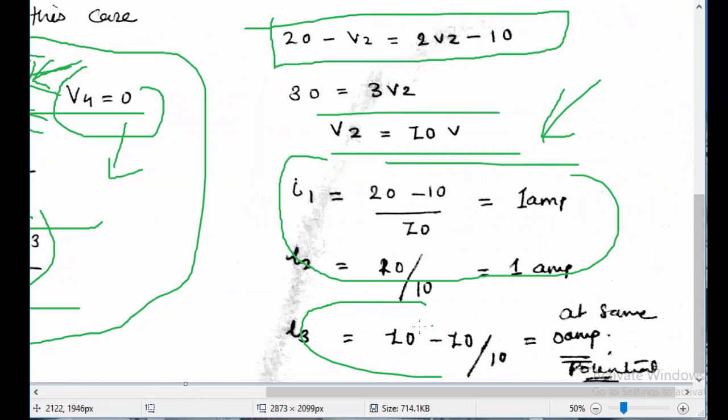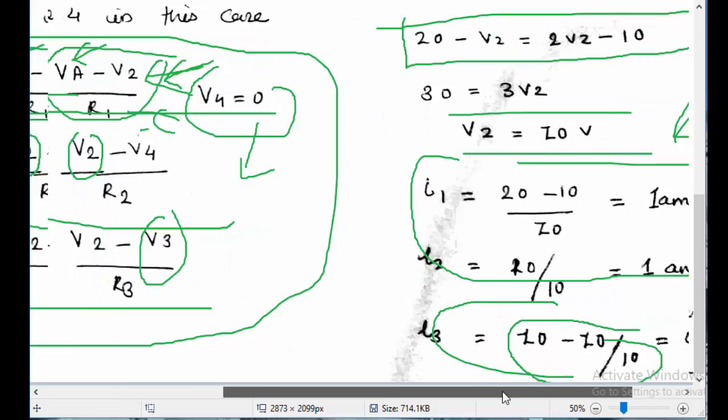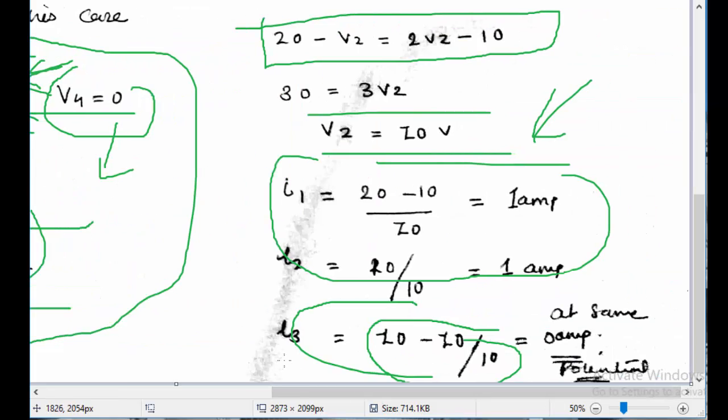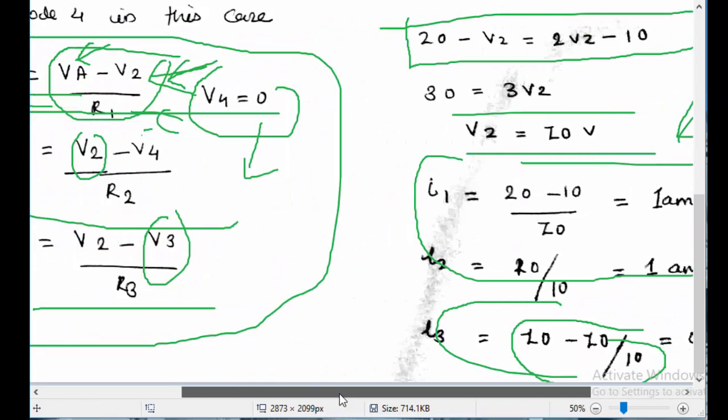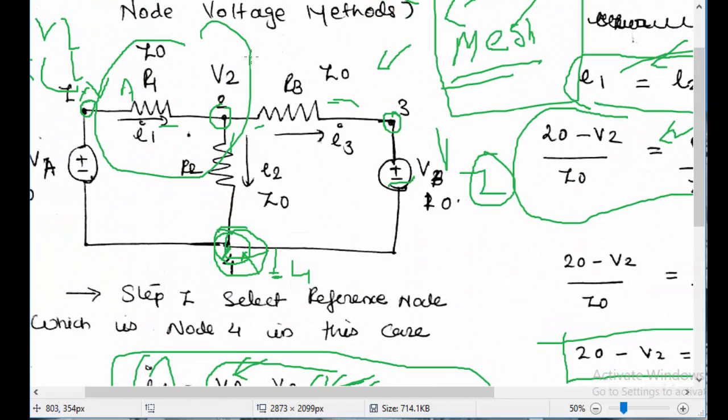While finding the currents for the circuit, I3 is 0. Why it is 0 is that no current will flow through this, since we have found V2 as a 10 volt potential, and this other end is also at a 10 volt potential.